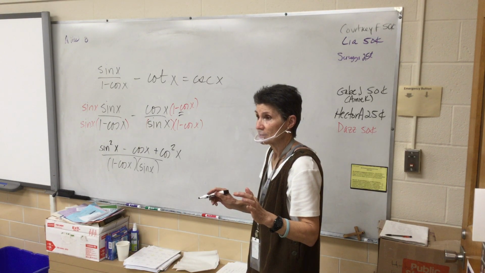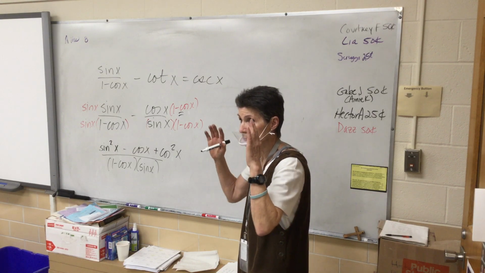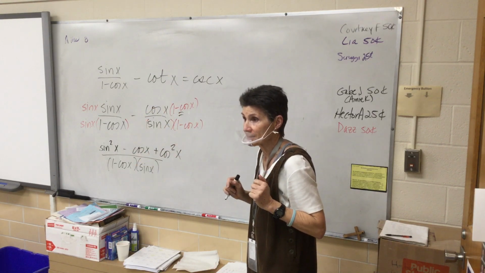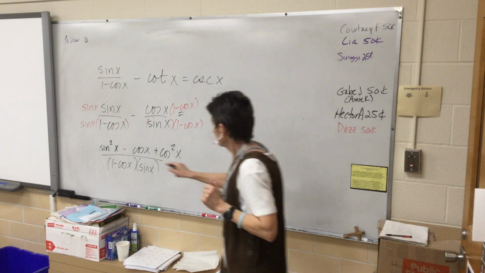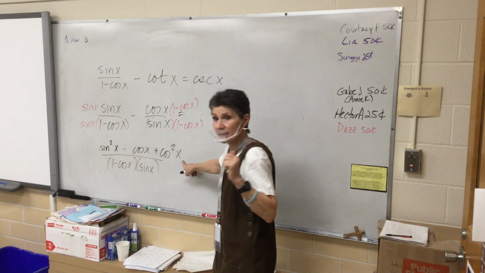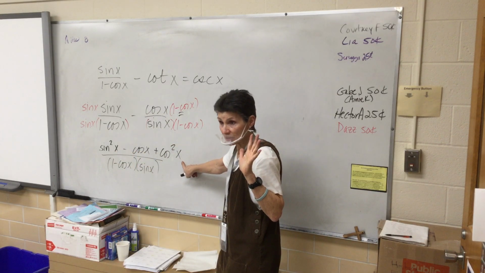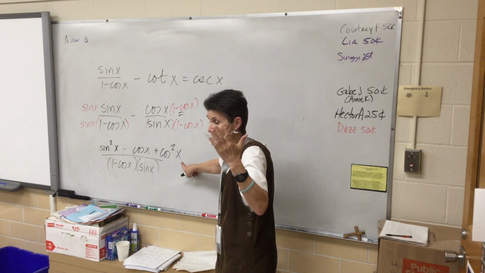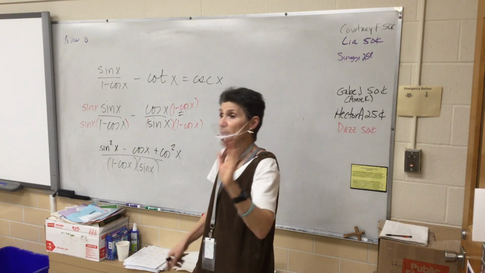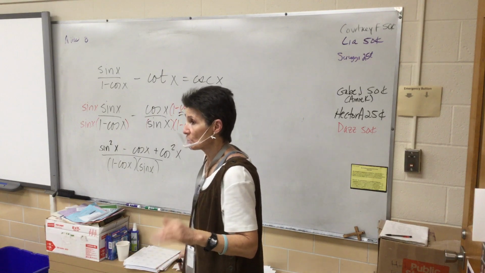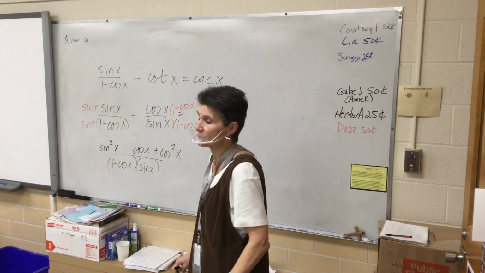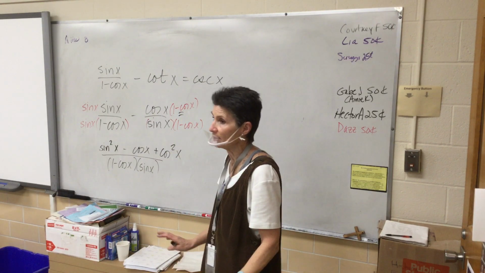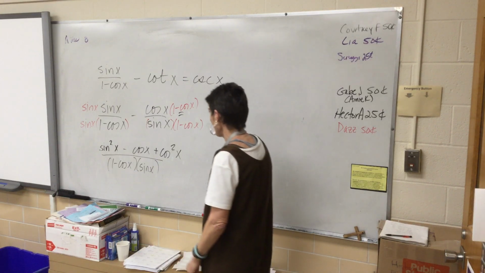Oh my gosh. Something there should be like in your face. These two make a 1. That's one of the things you need to get memorized. In fact, sine squared plus cosine squared equals 1 is called the fundamental trigonometric identity. It is a big deal. Sine squared plus cosine squared is 1.